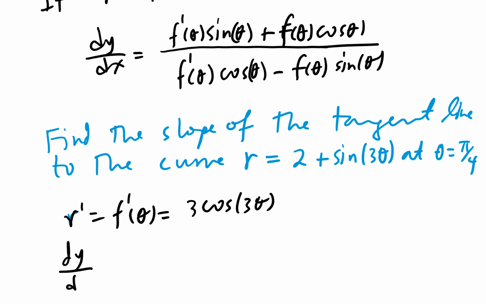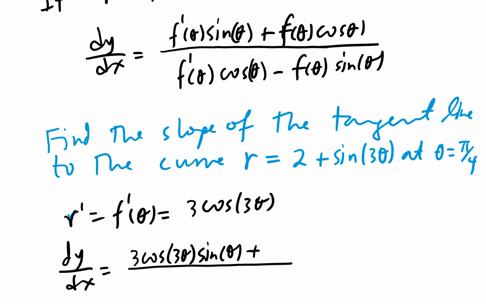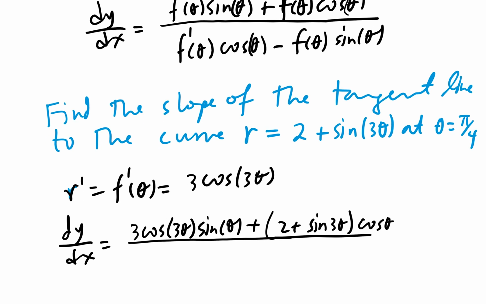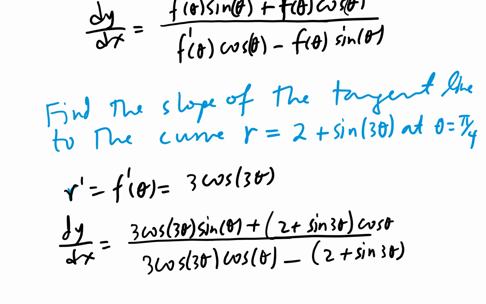Then dy dx is: the derivative is 3 cosine 3 theta times sine theta plus 2 plus sine 3 theta times cosine theta, over the derivative, 3 cosine 3 theta times cosine theta, minus the function itself times sine theta.